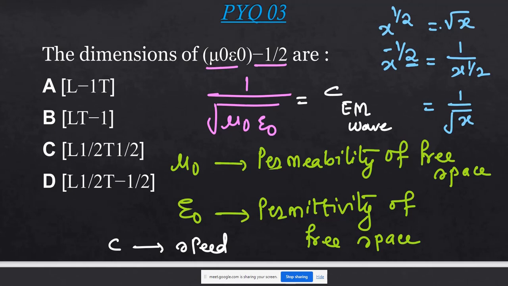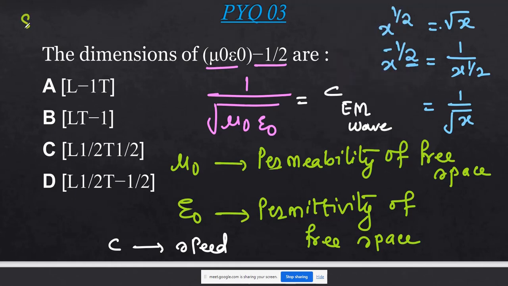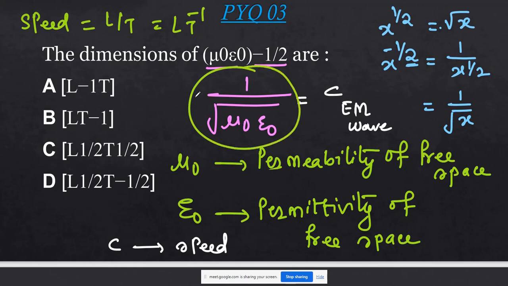So what is the dimensional formula of velocity? Speed is distance by time, so L by T, that means L T power minus 1. This whole given quantity represents the velocity of an electromagnetic wave. So the velocity dimensional formula is L T power minus 1. So the answer is option B.